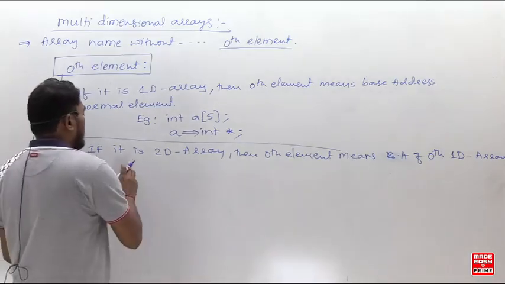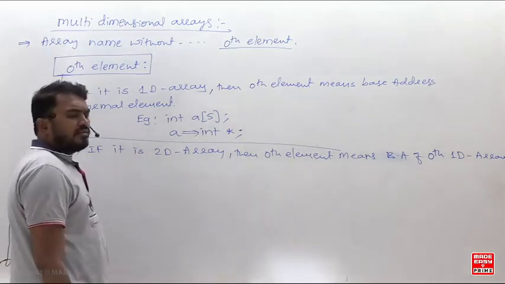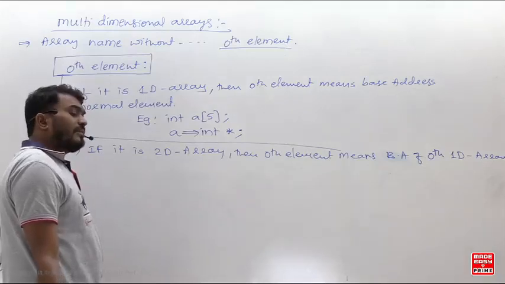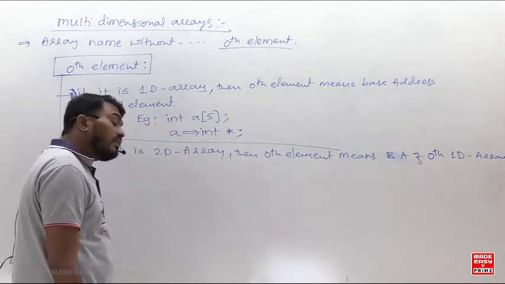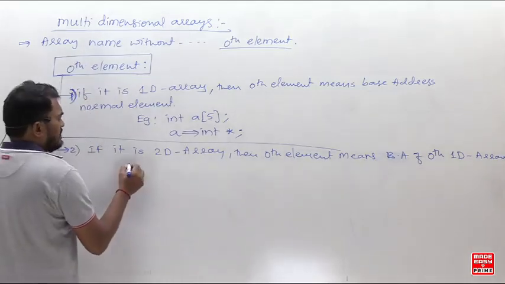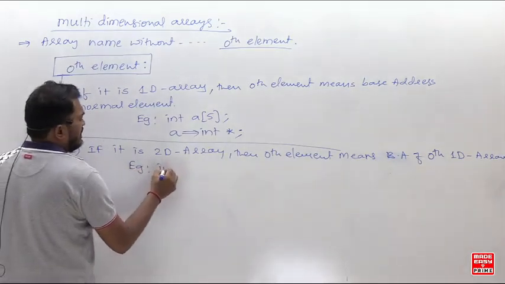Understand carefully. A 2D array also contains the base address of the 0th element, but what is that 0th element? The base address of the 0th 1D array.